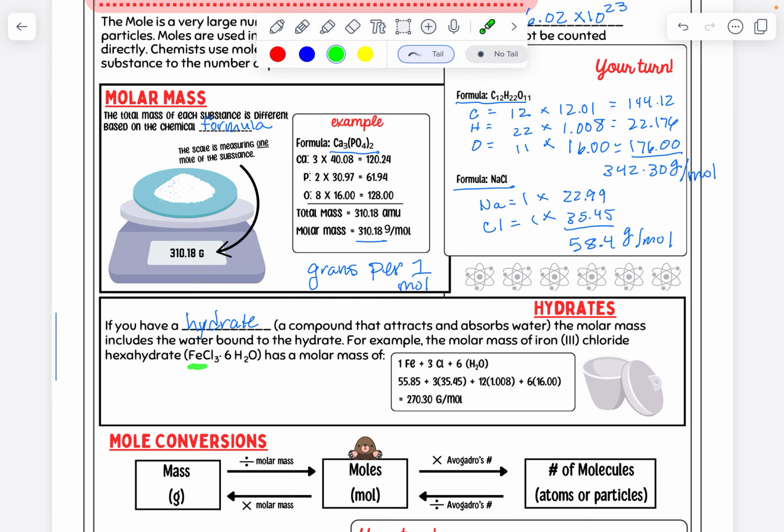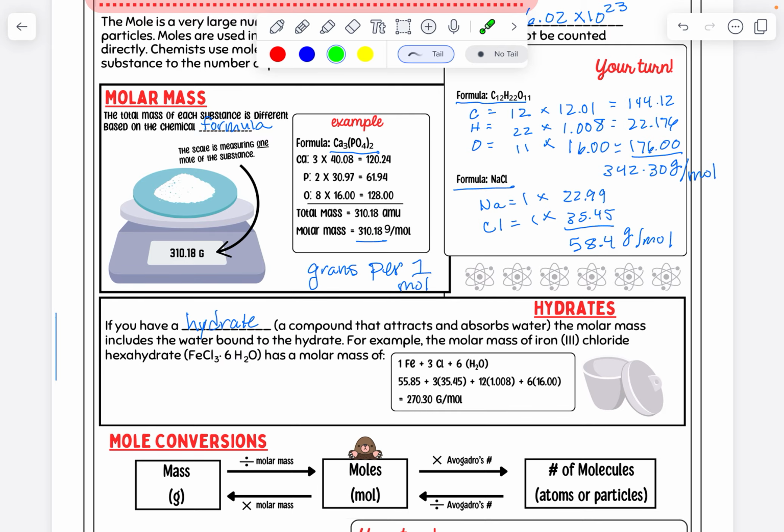We have 1 iron, we have 3 chlorines, and now we have this coefficient here. It's a 6. So as in math again, we have to distribute that 6 across our molecule. So we have 6 times 2 hydrogens, which gives us 12 hydrogens. And we have 6 times 1 oxygen, which gives us 6 oxygens.